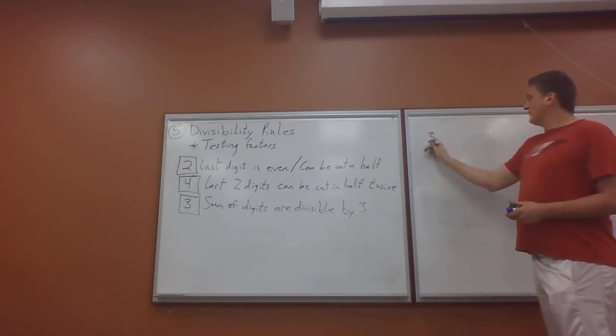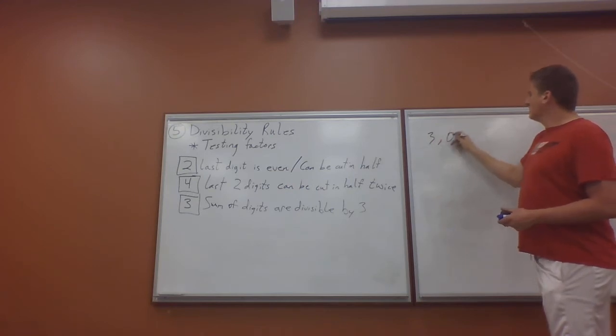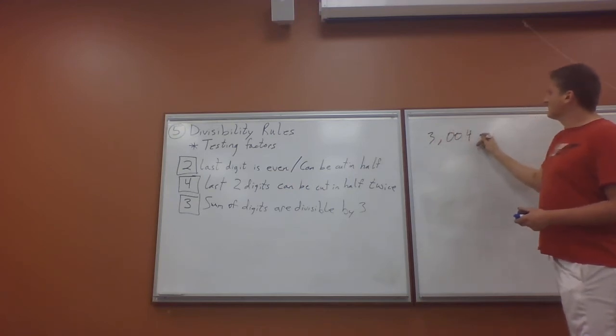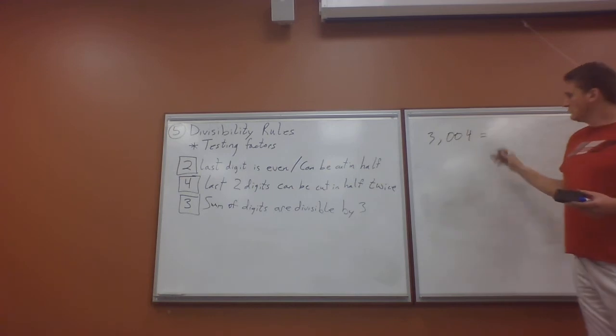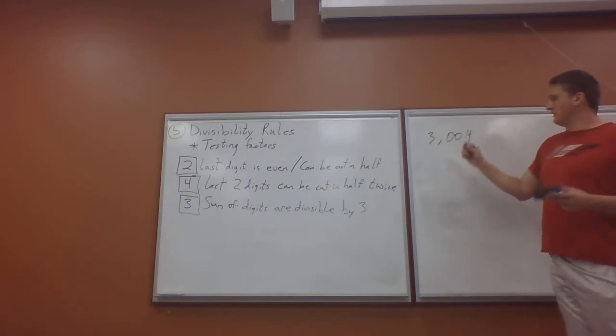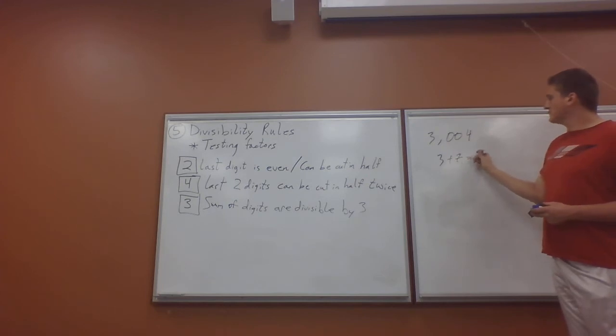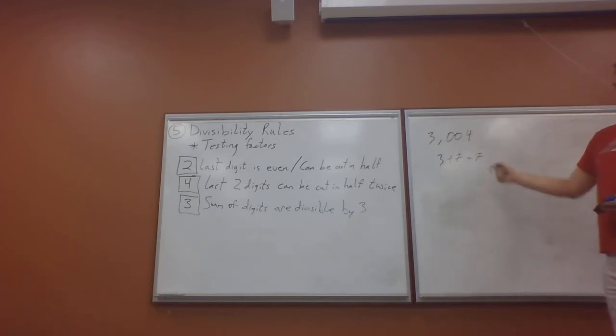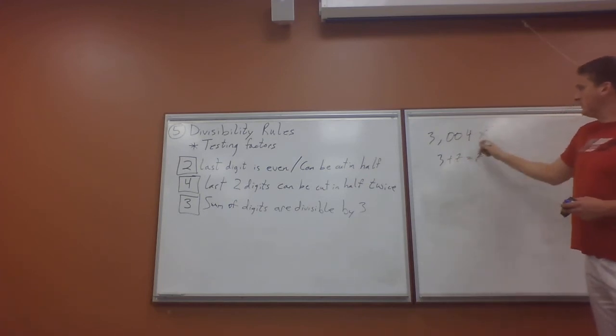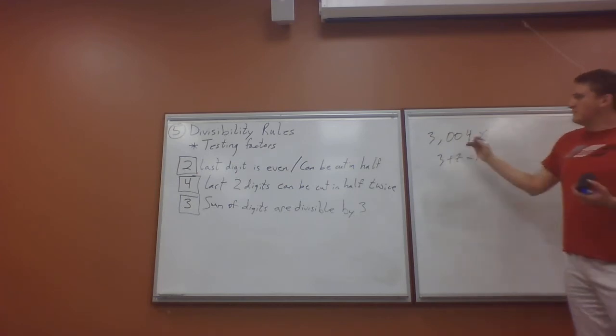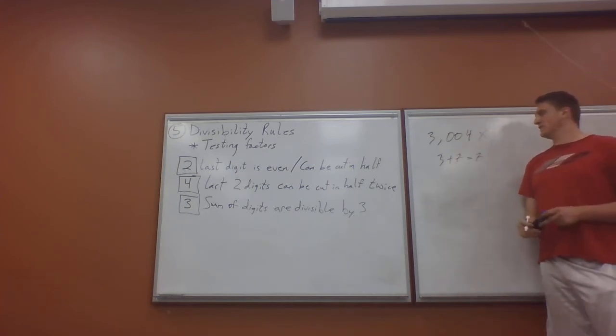So let's see. If I had 3,004, well, 3 plus 4 equals 7. Is 7 divisible by 3? Nope, absolutely not. But I shouldn't have to use the divisibility rule for this.